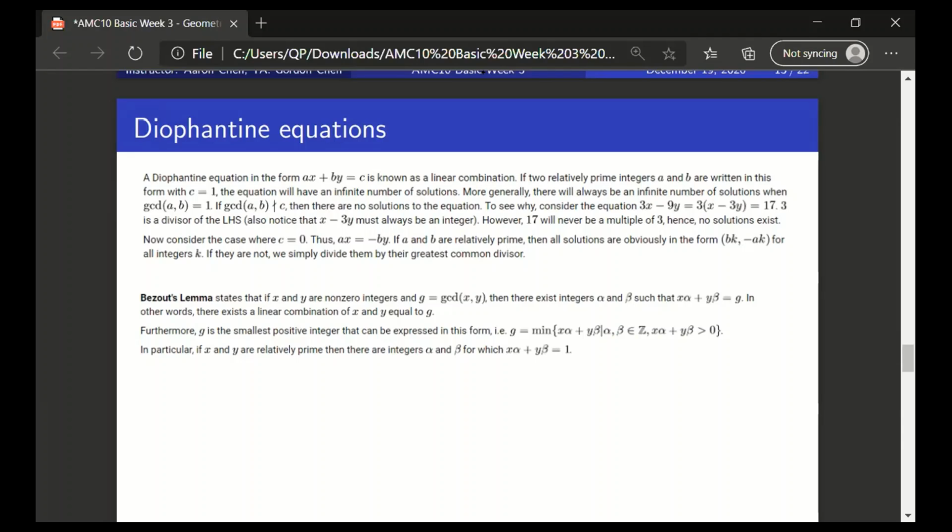Furthermore, g is the smallest positive integer that can be expressed in this form, which means g divides all values of ax plus by. So if x and y are relatively prime, then Bezout says there are integers a and b such that ax plus by equals 1.